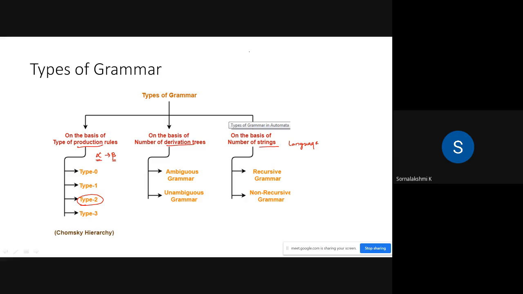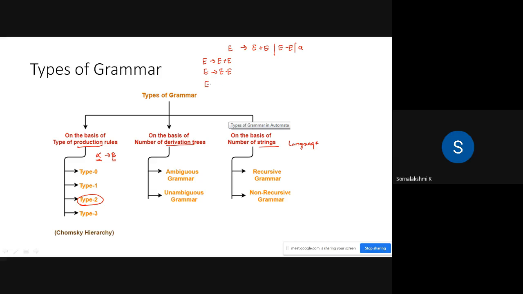Just a very short example for ambiguous or unambiguous grammar. Consider this grammar that has a production rule, where E is my starting symbol. I can write the same production rule like this, as 3 different production rules.